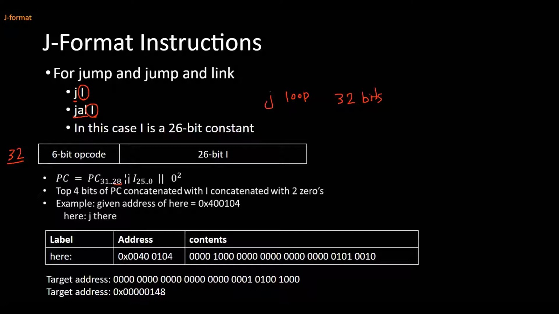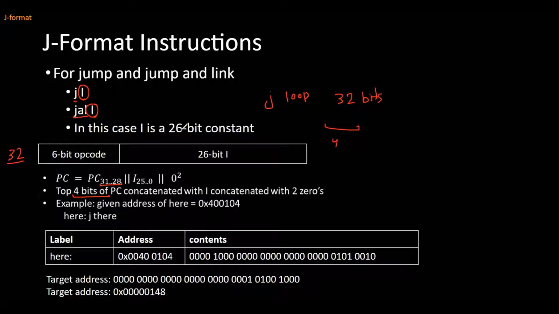The 4 bits of the current address are basically going to be the starting of this 32-bit address. So we're going to get the 4 most significant bits of the current line that you have this instruction on. So you're going to get those 4 bits here.